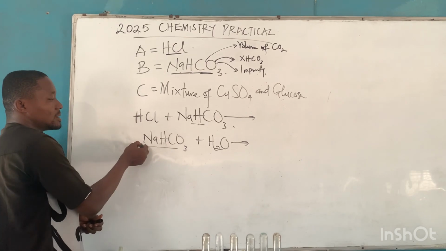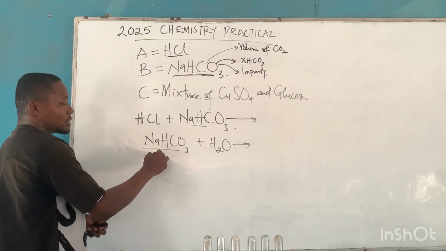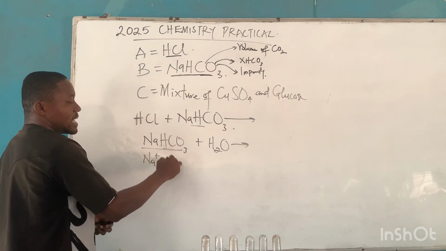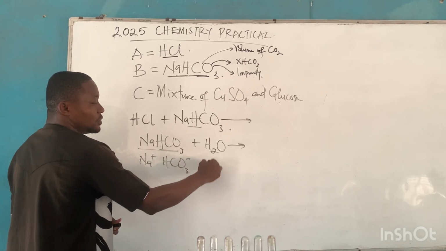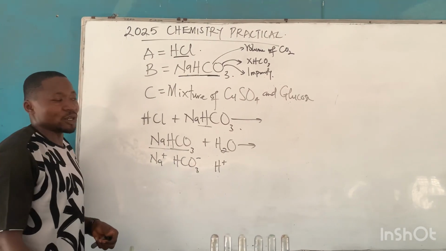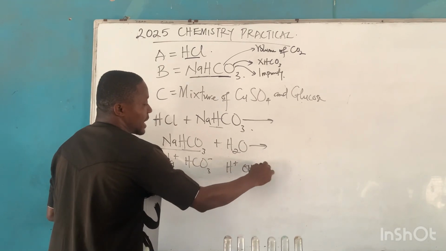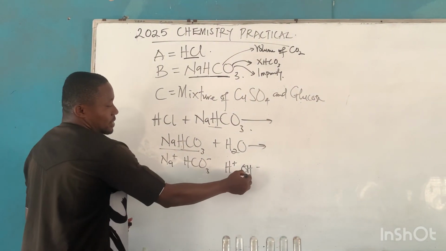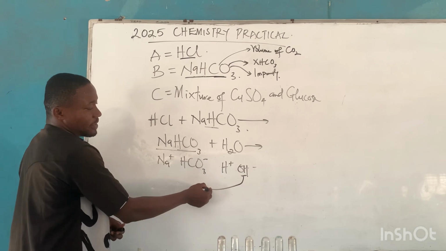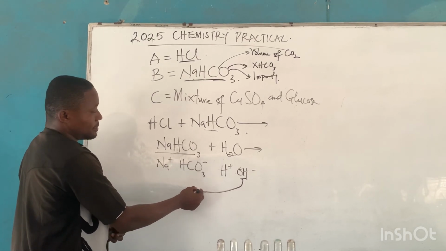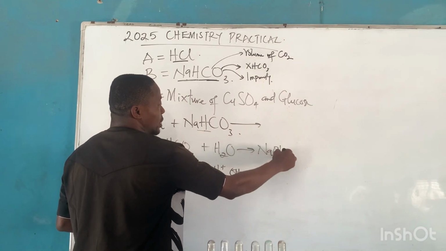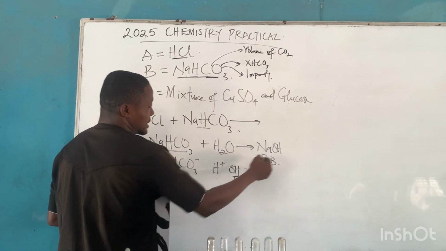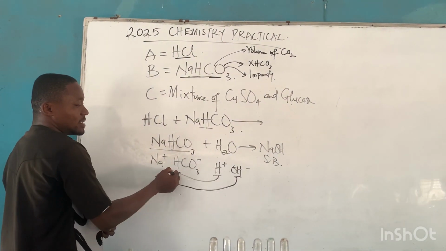When this splits, it's going to give us Na plus and HCO3 minus. Then the water, definitely you know about water, gives us H plus and OH minus. Then OH minus would go with sodium to give us NaOH, which we all agree is a strong base.